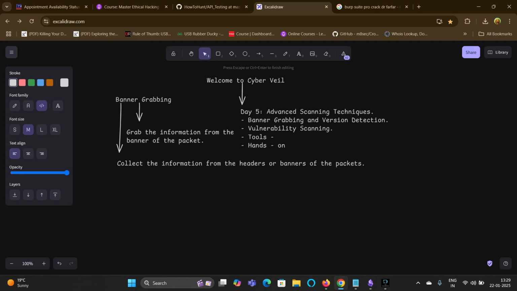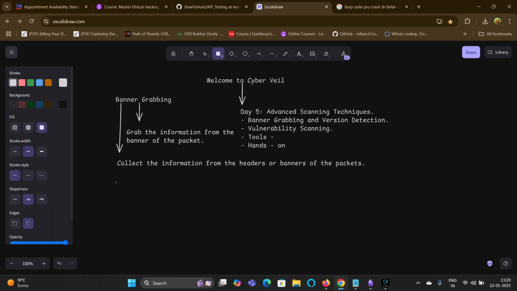Okay, let's take an example to explain this very interesting topic. Let's say there is one network, then goes another network.